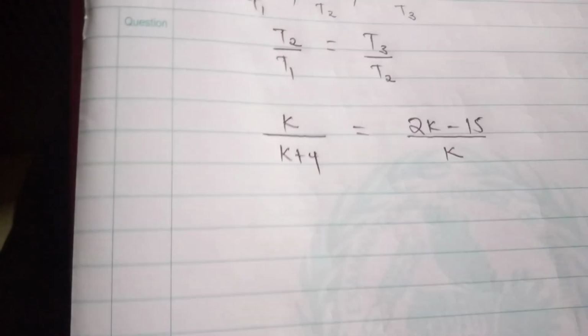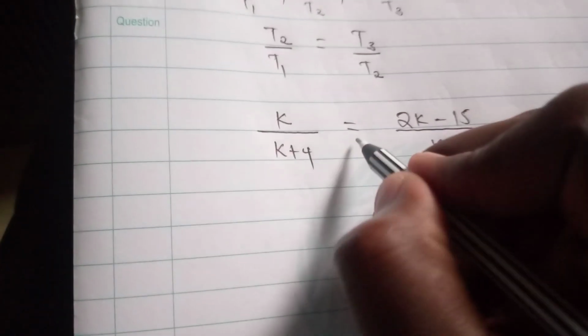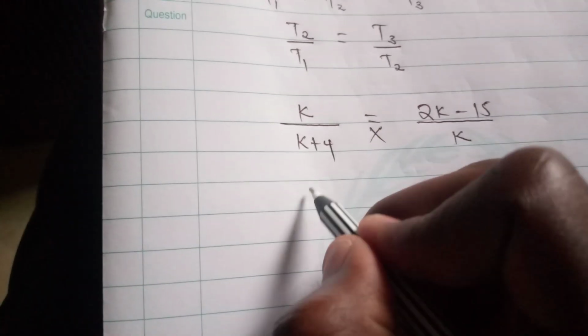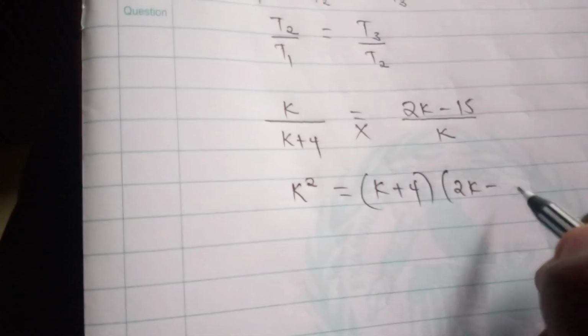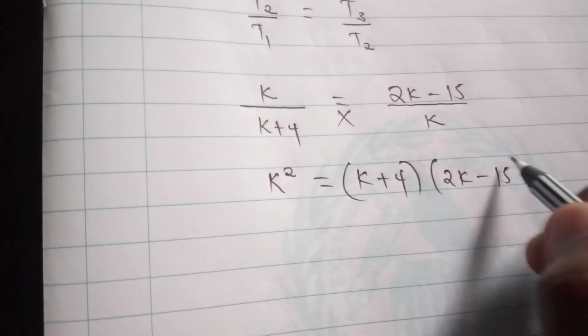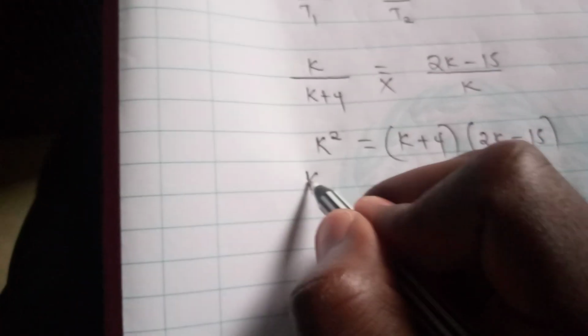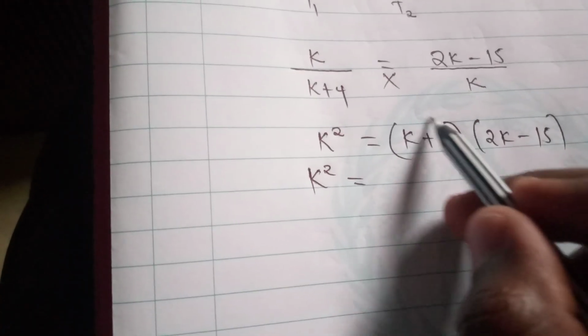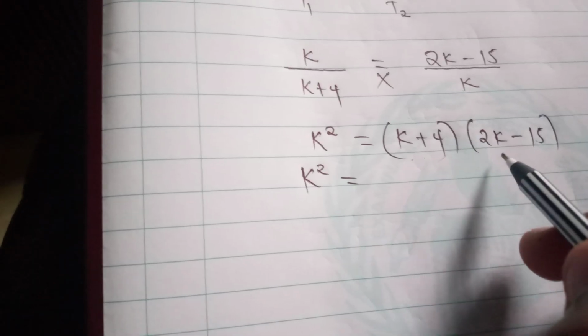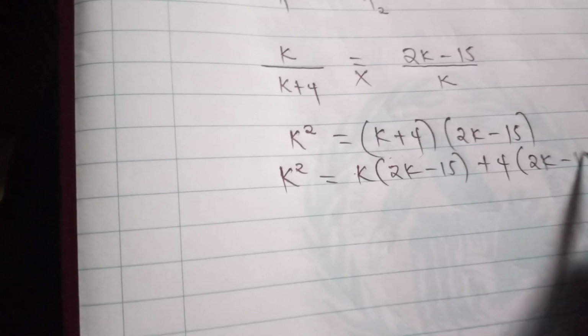From here, you're going to cross multiply. So k times k, that is k square, is equal to k plus 4 multiplied by 2k minus 15. From there, k square is equal to, the values in the bracket are going to be multiplied with everything there. So it's k, open brackets, 2k minus 15, also positive 4, open brackets, 2k minus 15.